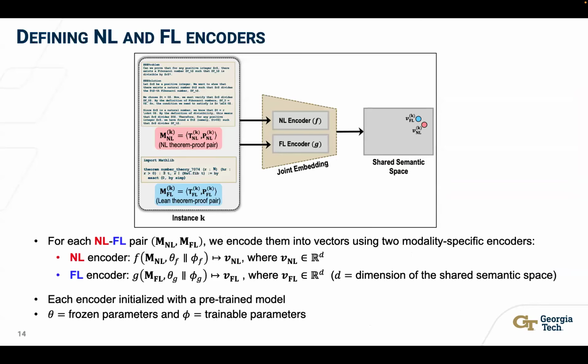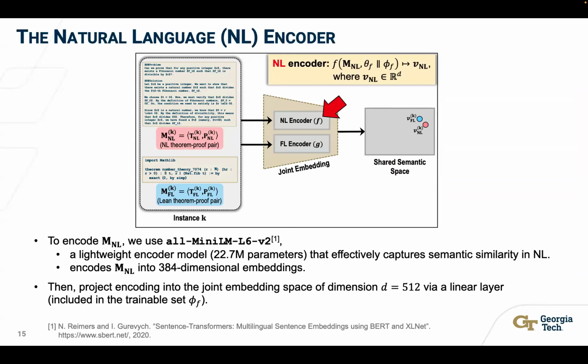So there are a few ways of doing this. We have two different encoders, an NL encoder and an FL encoder, that map these things into the shared semantic space. And we are using this MiniLM-L6-v2 model, which is a lightweight encoder, very small. It's only 22.7 million parameters. That is good enough to effectively capture the semantic similarity between NL and FL.